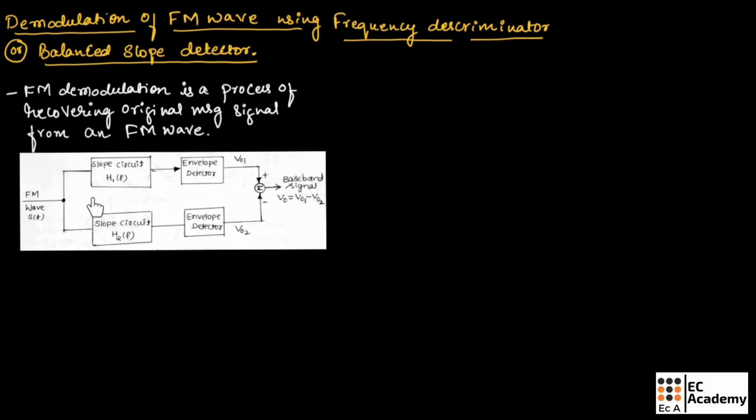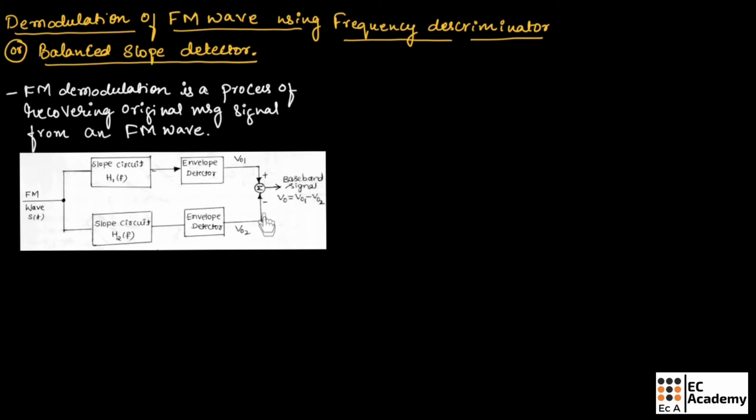This is the block diagram of frequency discriminator or balanced slope detector. It consists of two slope detectors as shown in this figure. The incoming FM wave is passed through the slope detector and the output of the slope detector is given as input to the envelope detector that will produce the outputs V01 and V02.